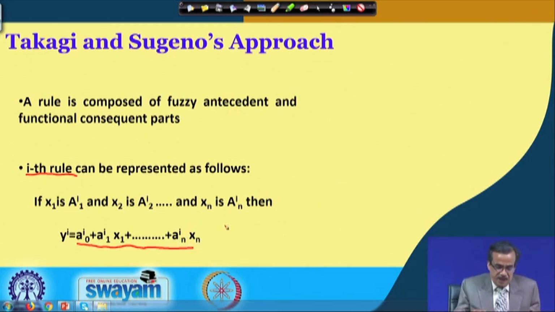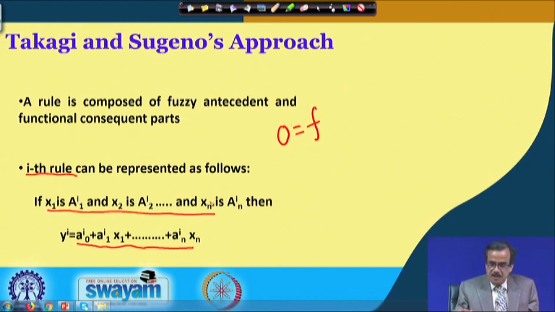I have already mentioned a little bit that in this approach, the output of a rule is nothing but a function of the input parameters or the input variables. In this rule I am considering that there are n such variables, like x1, x2 up to xn.